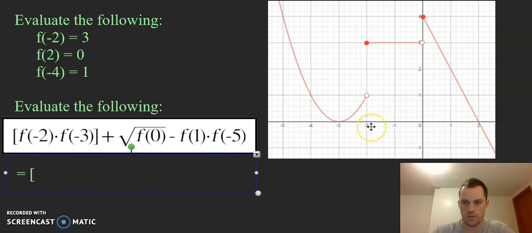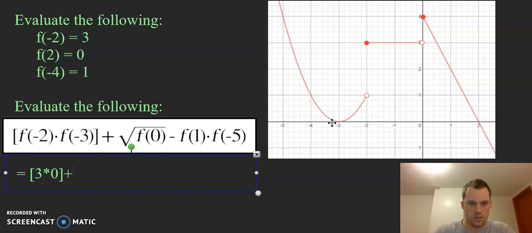Again, x is -2. That's where we have to jump up to this piece. So we have 3, times f of -3. Well, if x is -3, that's the vertex of our parabola, so that's a y value of 0.